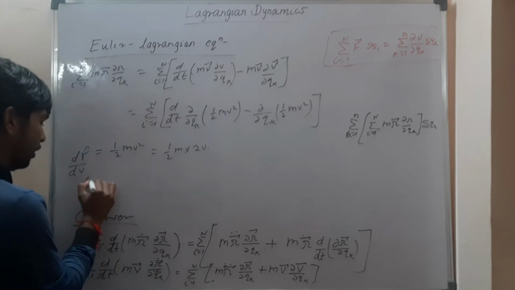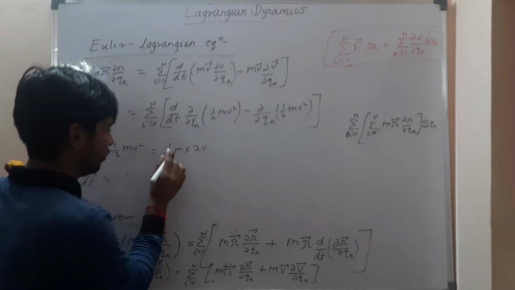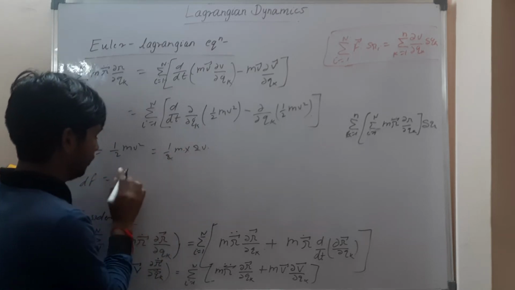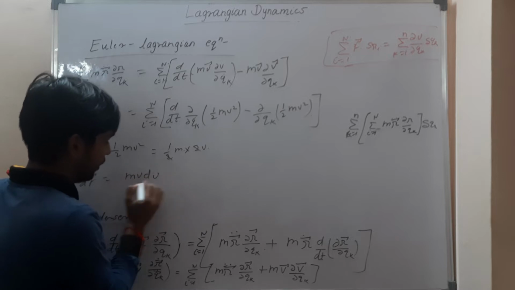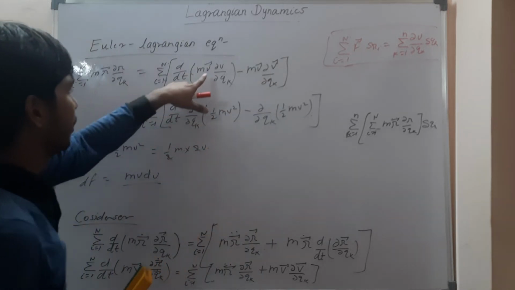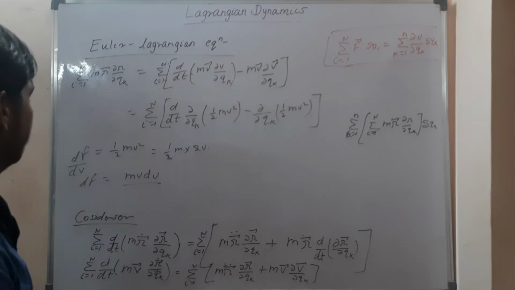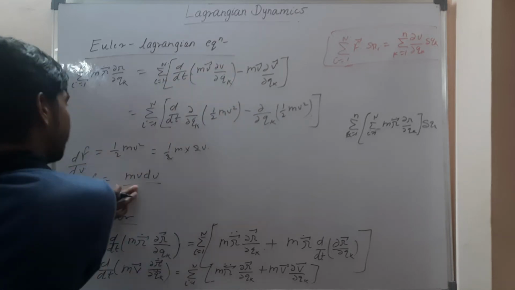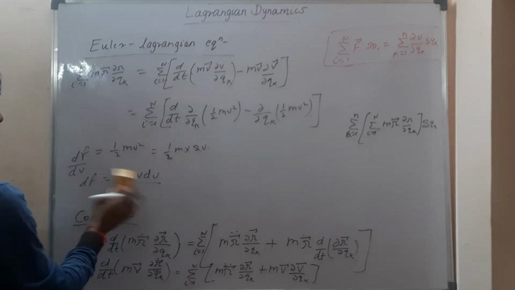Now 2 cancels out with 2, so it will be mv dv. This dv will come. The same equality is there in ∂. So this is a partial derivative. So this term can be converted into this form. So this is the same thing.